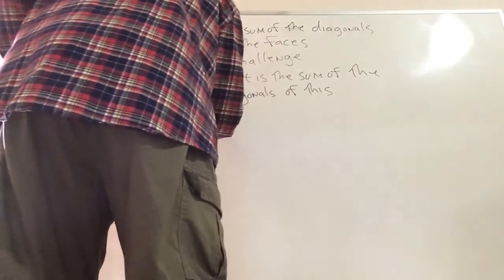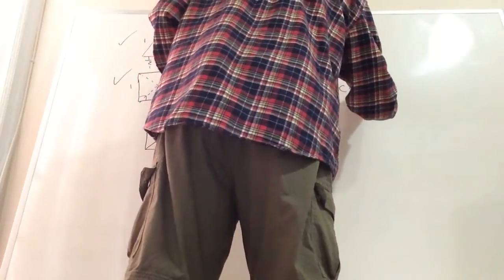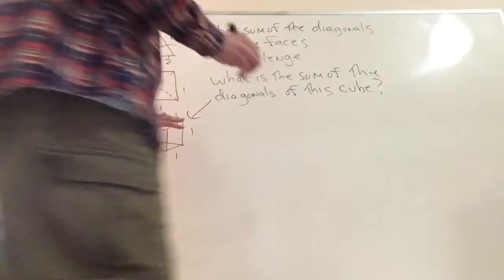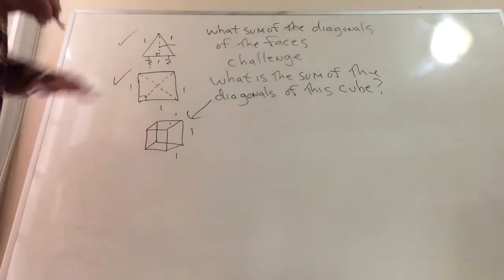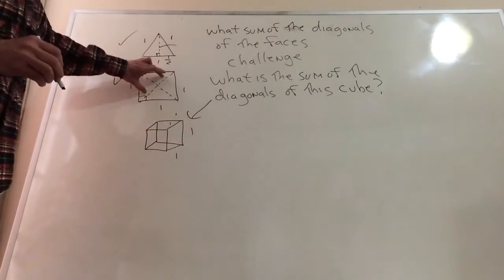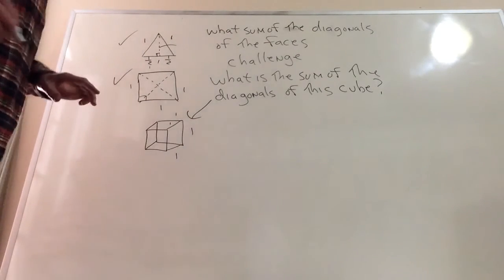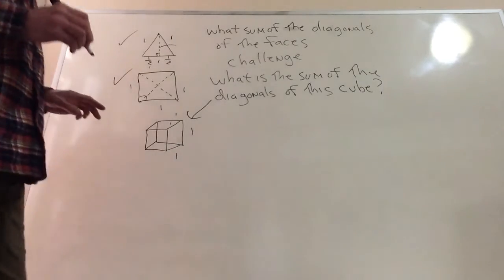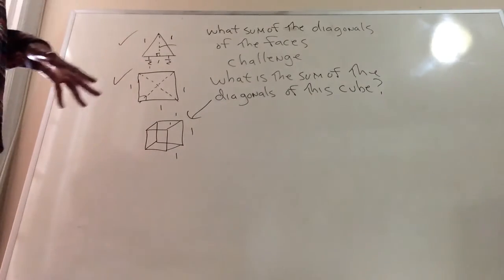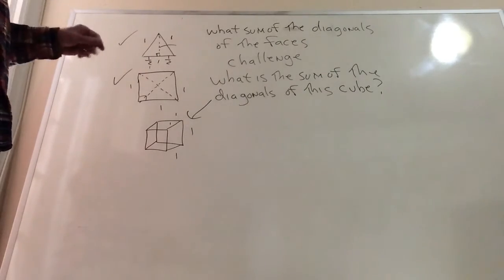Right there, sides 1. Like I said, the simplest math you can imagine, or at least I should say object, and I'd like to know what the answer is there. Here we go, from a two-dimensional object to a three-dimensional object, and I'd like you to think about what I'm saying. I'm going to post this in a couple minutes, and I want to know what the sum of the diagonals is of this cube.